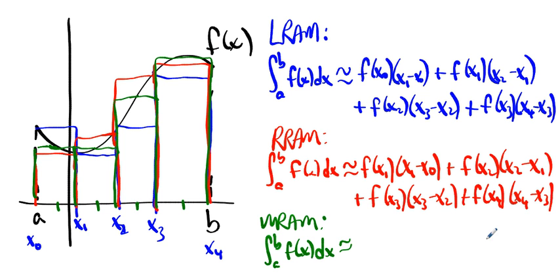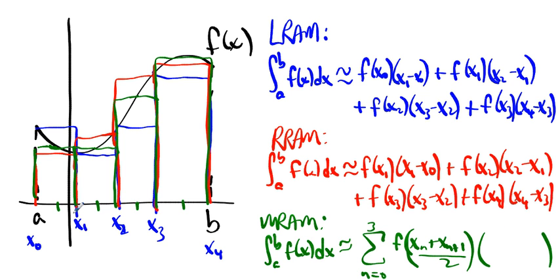So in each case, you would have the sum as n goes from 0 to 3 of f of x sub n plus x sub n plus 1 over 2, that's just the height at the midpoint, times the change in x, and that's only because I don't want to write them all out, but again, this is just add up all the green rectangles.